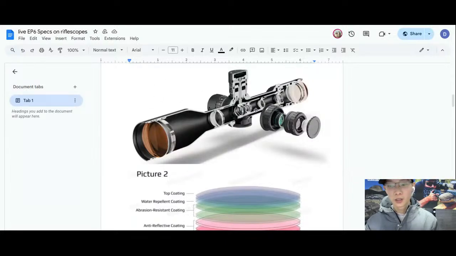It's only changing the front part of the scope, and this back part stays the same. So if you look very closely, our 5 to 25 and also the 4 to 20 scope look almost identical from the shadow part behind. There's only a change on the front part.